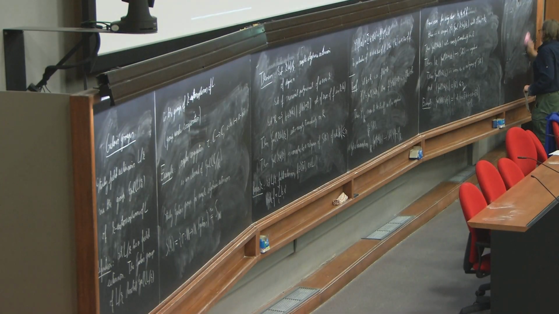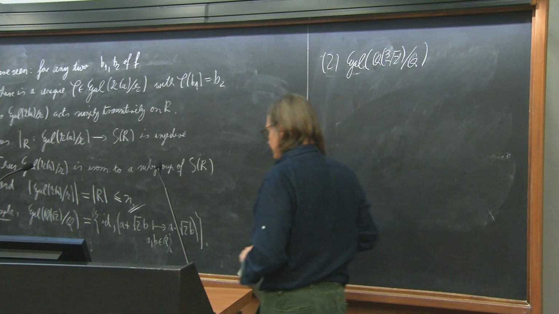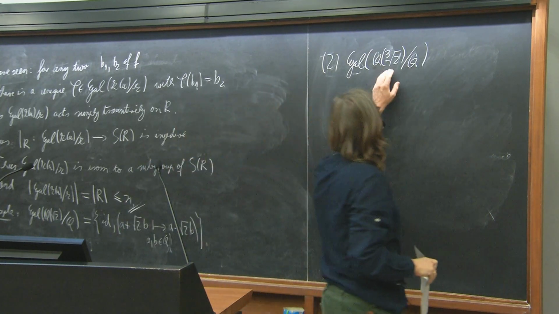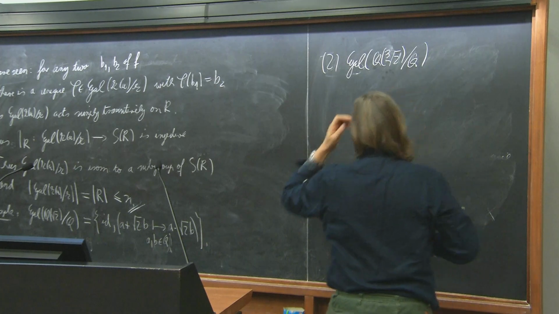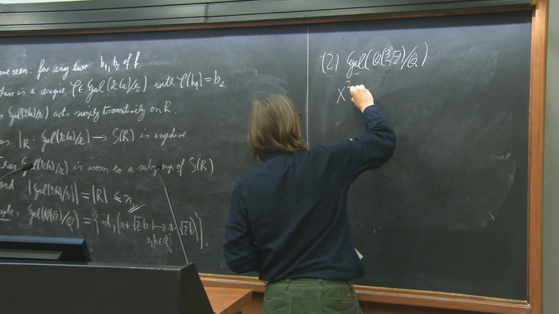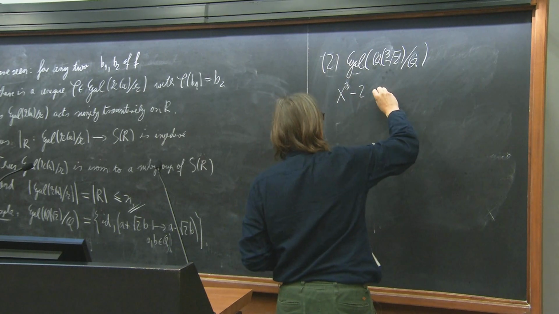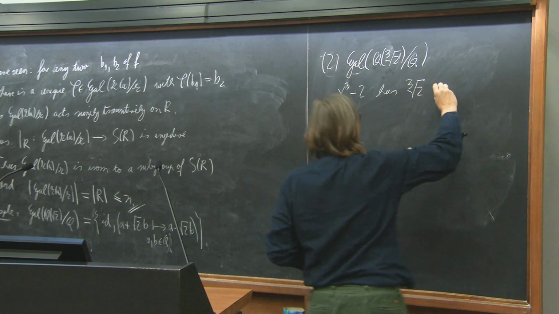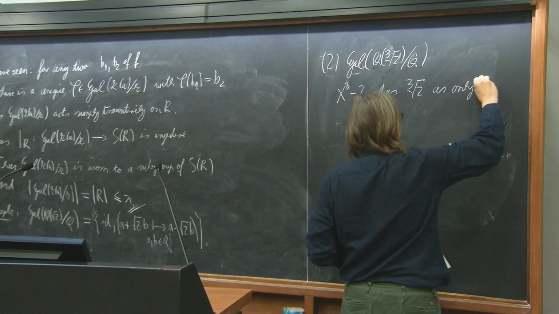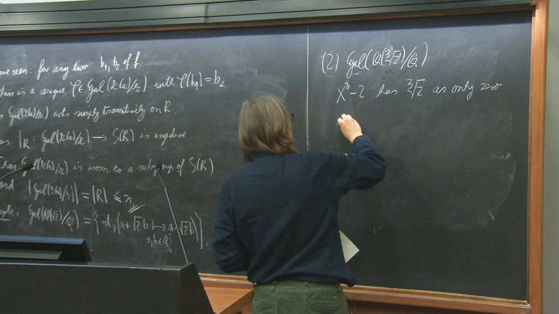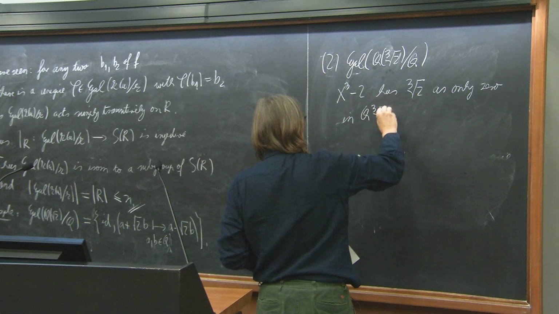And another case where we can see that things can be different is, for instance, the Galois group of Q adjoined the third root of 2 over Q. In this case, the minimal polynomial x to the third minus 2 has the third root of 2 as its only zero in Q(third root of 2).